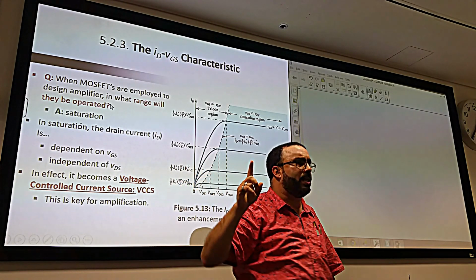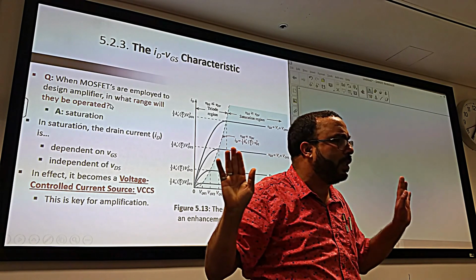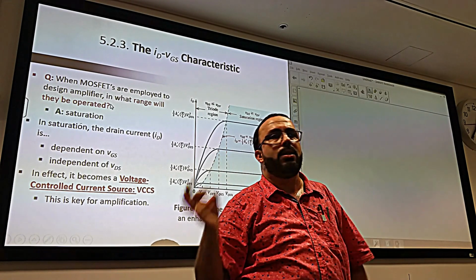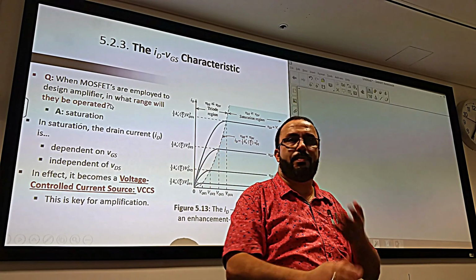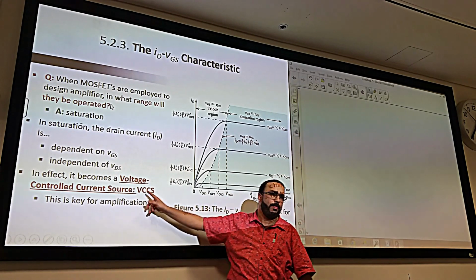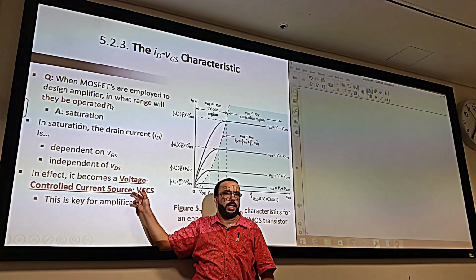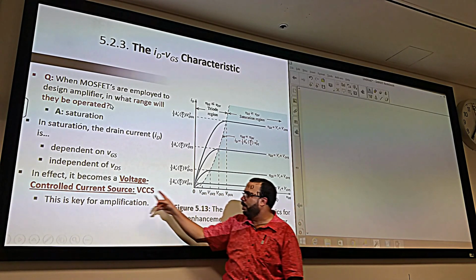So what we have is a current source that is controlled by voltage, VGS. We call this a voltage controlled current source, VCCS. We just put it in a nice English way. The transistor in saturation works exactly as a current source controlled by a voltage.